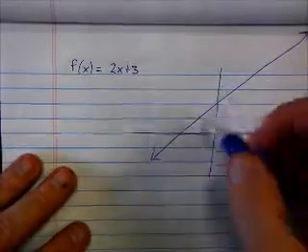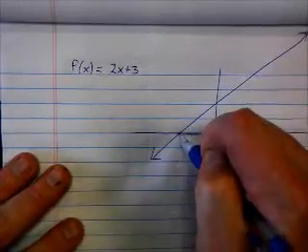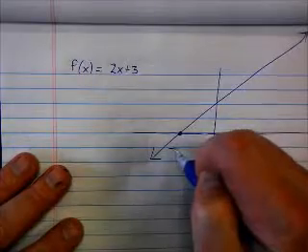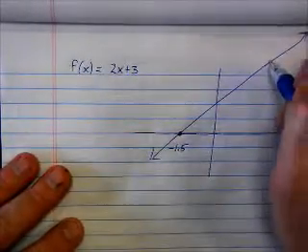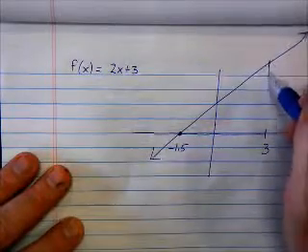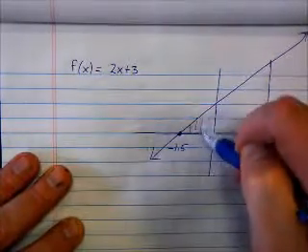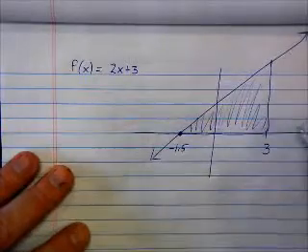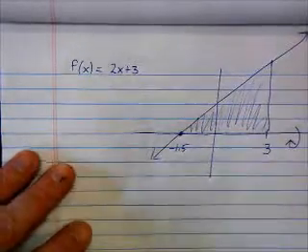So how about we just start right here, from negative 1.5, and then we'll end at 3. So we're going to take basically this triangle, and we're going to spin it around the x-axis.